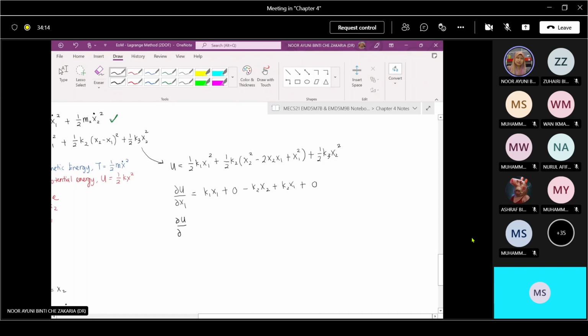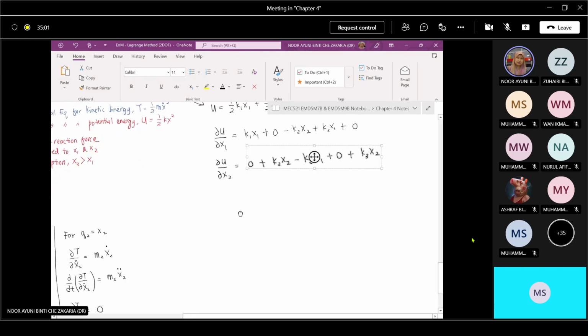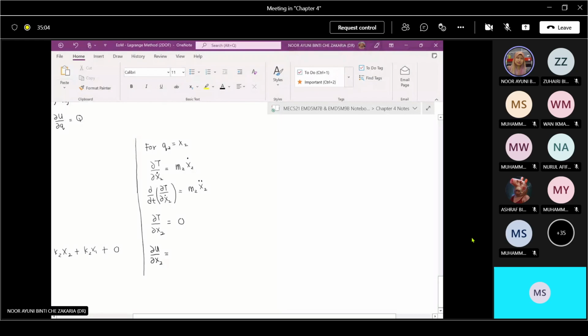Partial differentiation of potential against displacement of x2: 0 plus k2 x2 minus k2 x1, plus x1 squared, so this is 0, and plus k3 x2. Let me check, I'm afraid I got the plus and minus wrong.